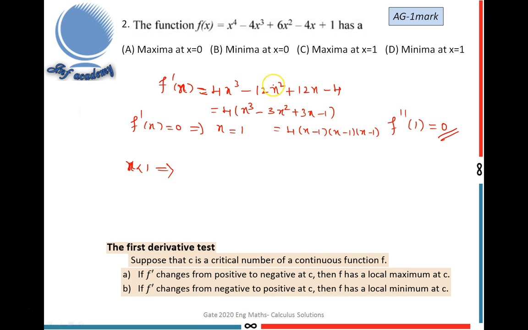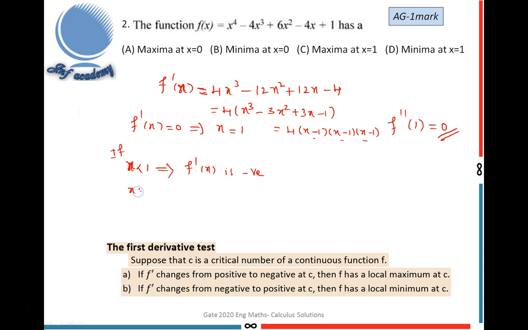This is the factorization of f dash of x. I substitute values of x less than 1, that is 0 and negative values. So this is negative, this is negative, this is negative. The multiplication of 3 negatives is also negative. So f dash of x is negative for all values of x less than 1.